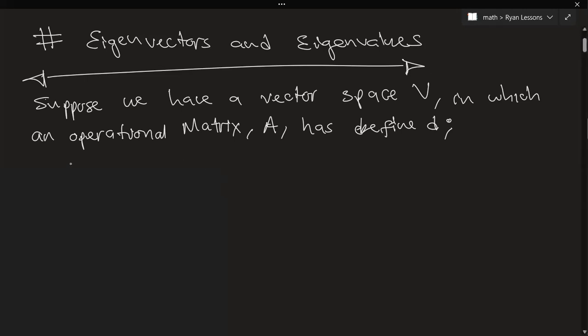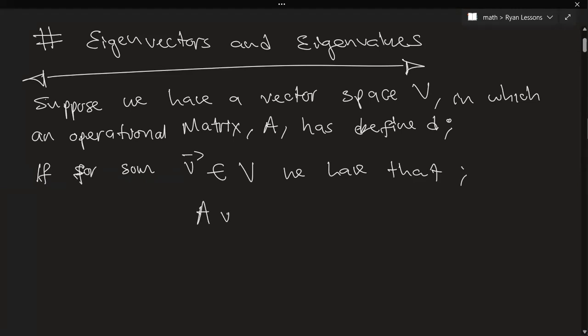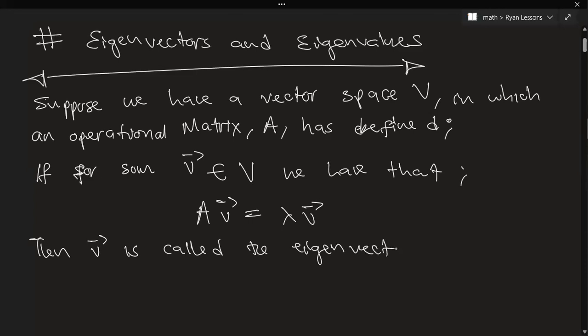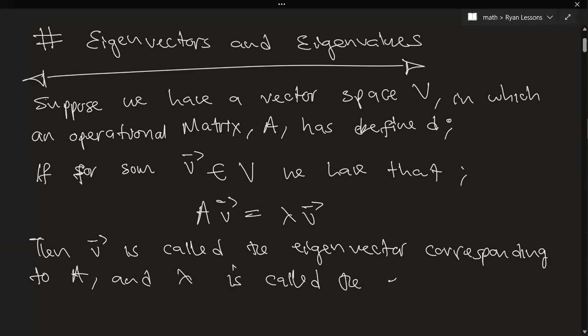So if for some element v which belongs to V, we have that Av is equal to lambda v, then v is called the eigenvector corresponding to A, and lambda is called the eigenvalue.